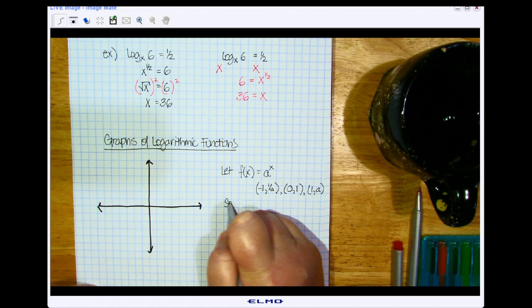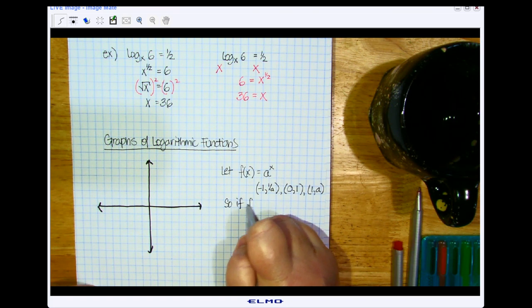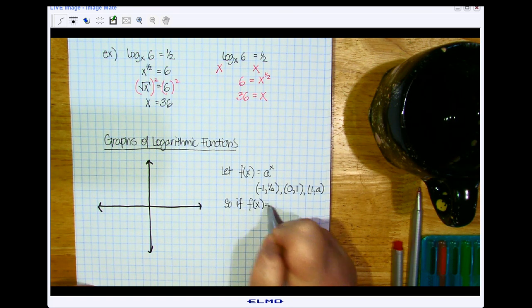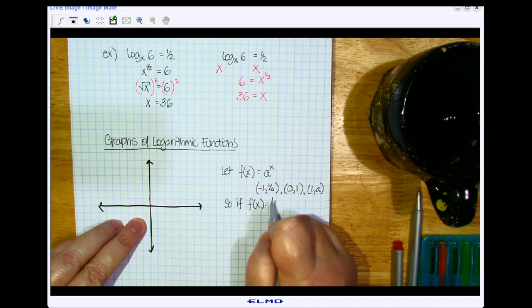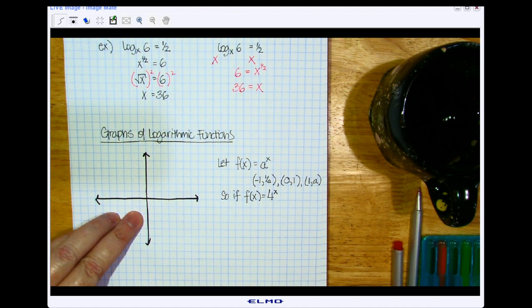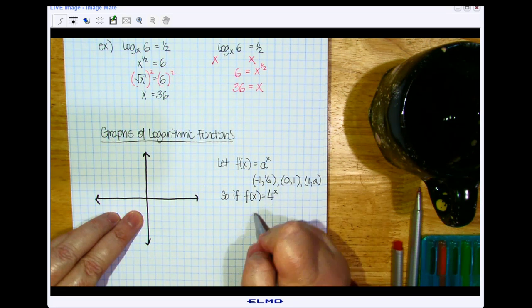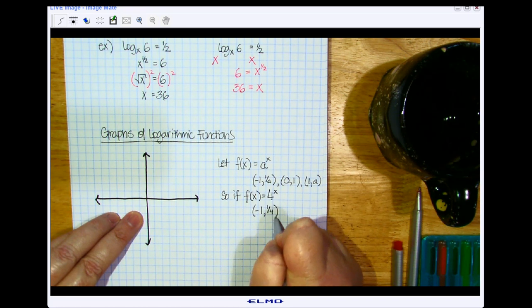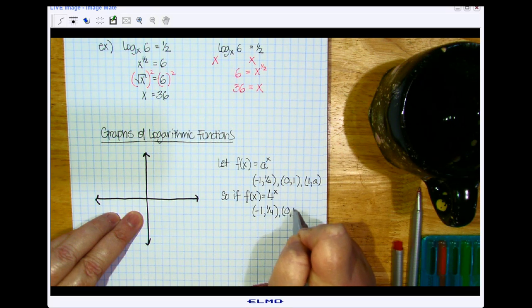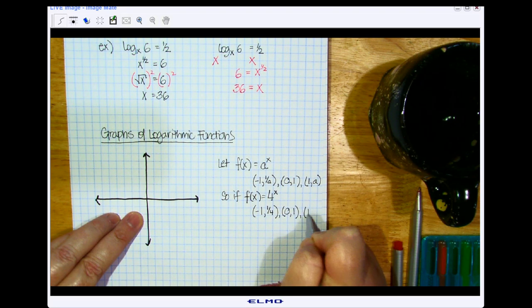So if, let's say f of x is equal to 4 to the x power. Then we'd have a -1 and a 1/4, a 0 and a 1, and a 1 with a 4.